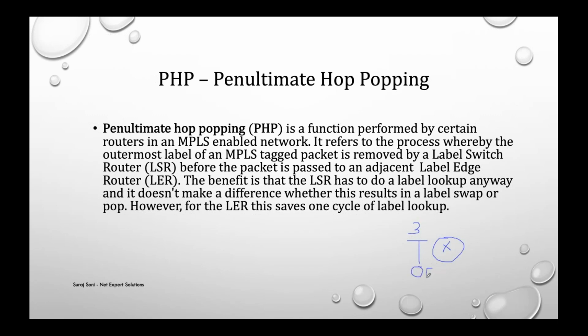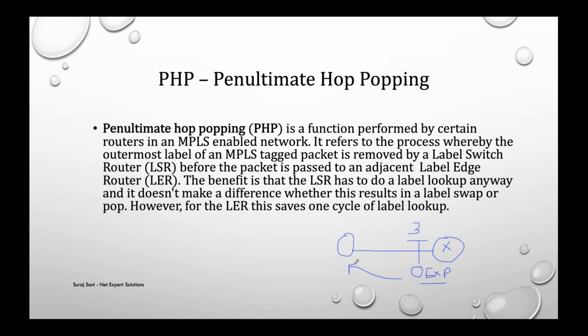What is 0? Explicit null. Now this is not implicit, this is explicit. Again, clear by its name itself. Explicit means he wants to make some changes explicitly. It is not implicit. So he will tell the second last router that, hey, you do that pop operation. What is actually being done in the pop operation is removing that label value, that label tag.